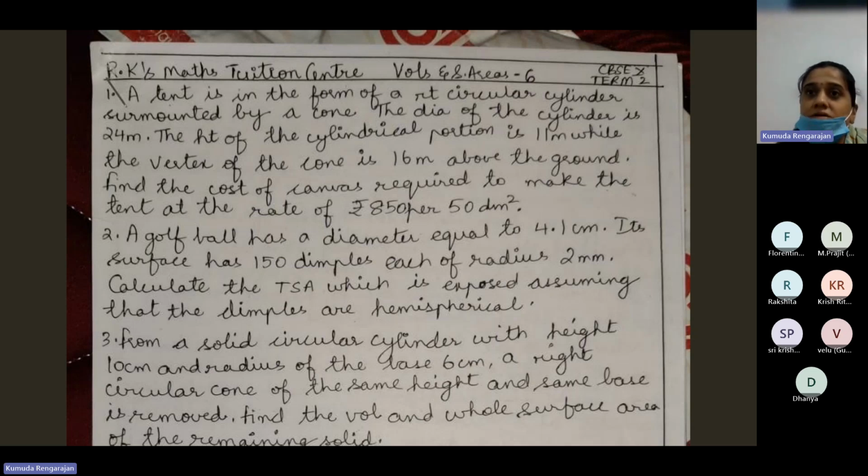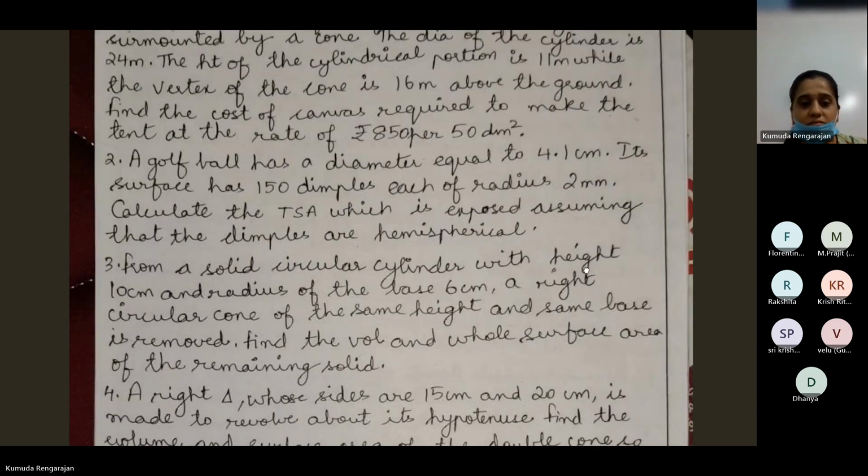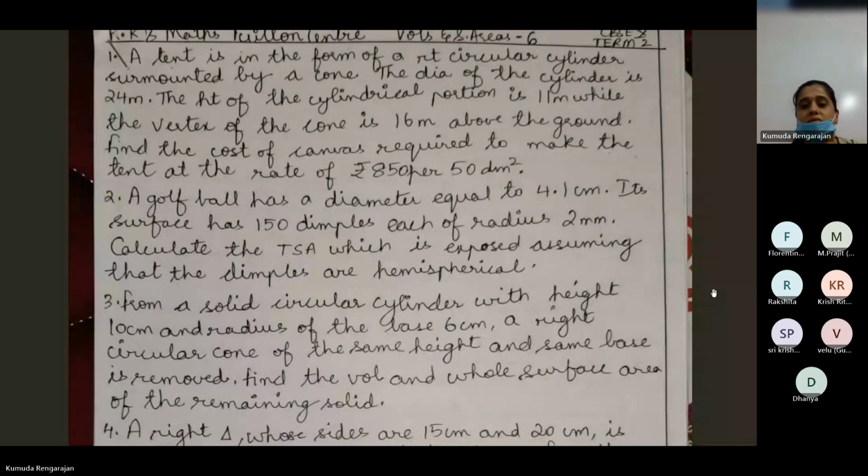Anyone has finished? Area is 1320 meters square. Perfect. Two lakhs. 2 lakhs 24?